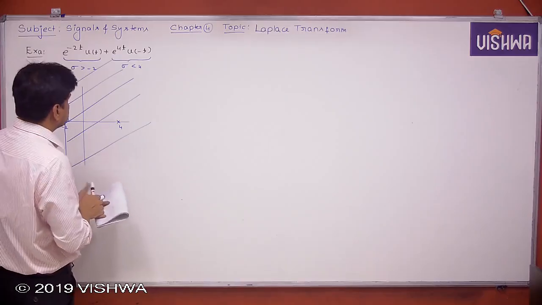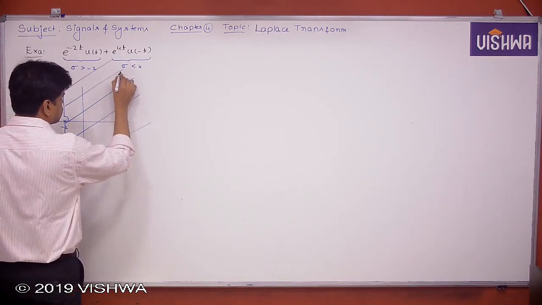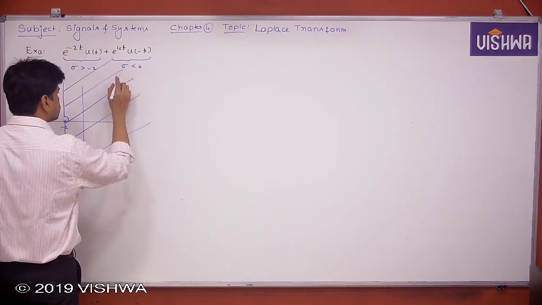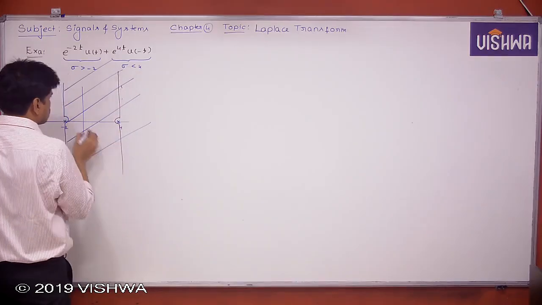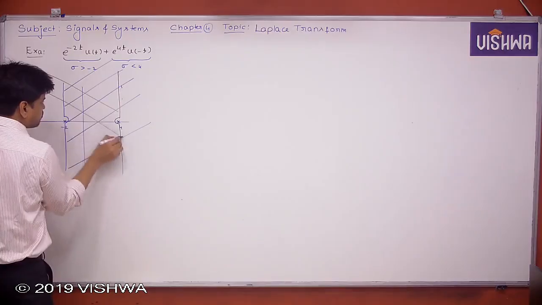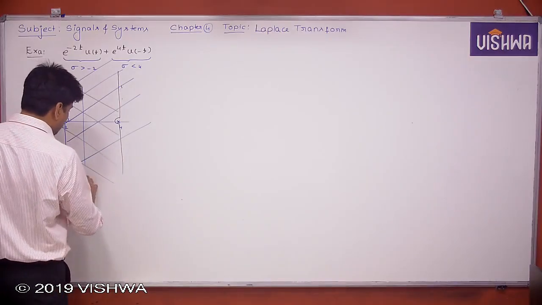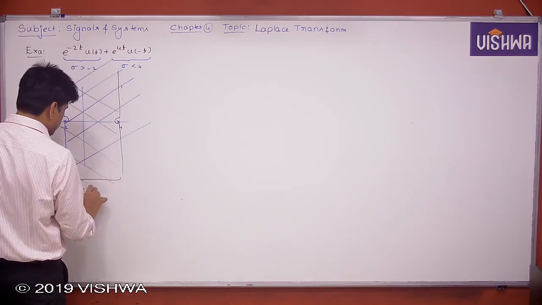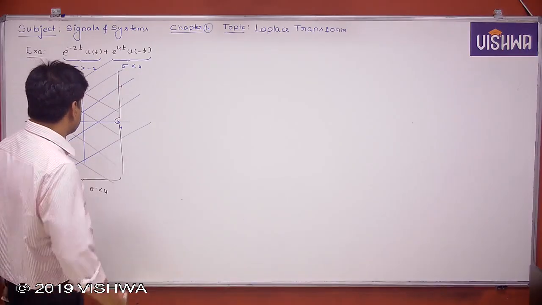Next, less than 4. This is what less than 4. So this is the common ROC, that is sigma lies between minus 2 and 4.